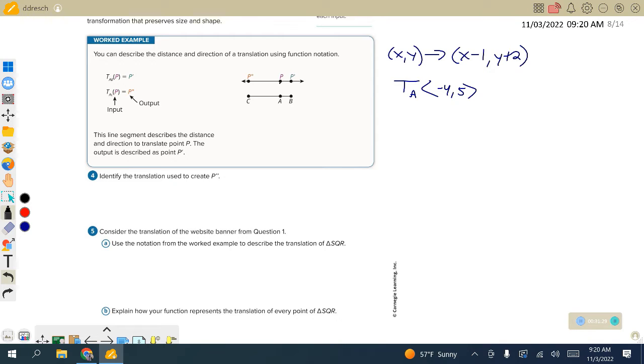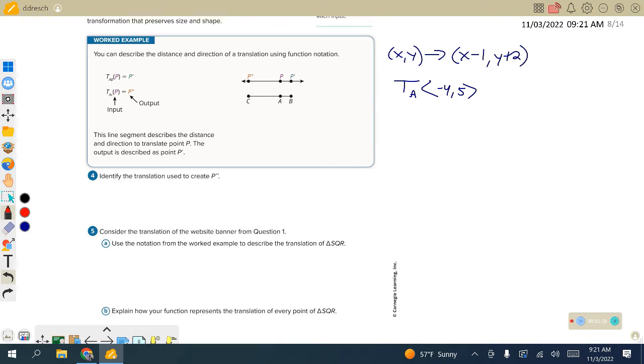Okay. What we've got then is identify the translation used to create P double prime. I really want to phrase that because we just did that up there. They literally want us to recopy that.